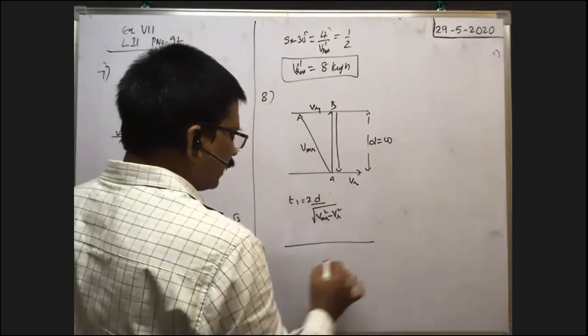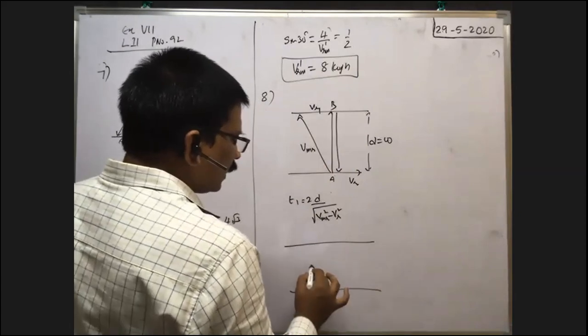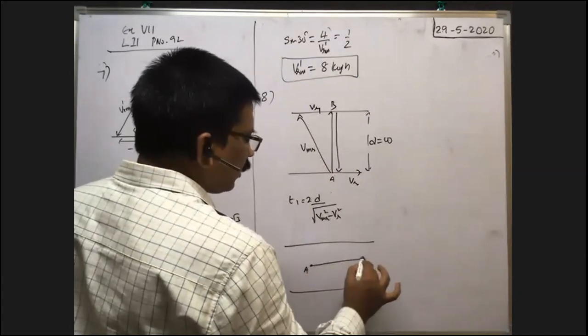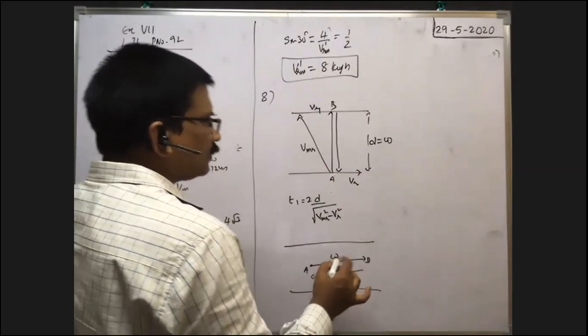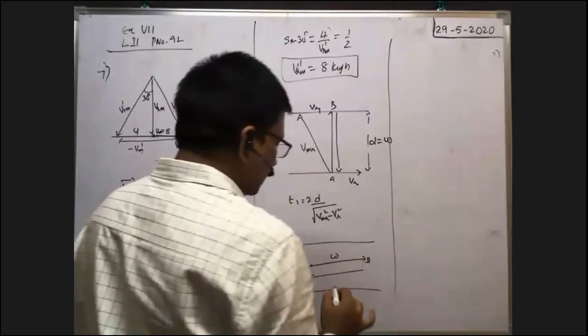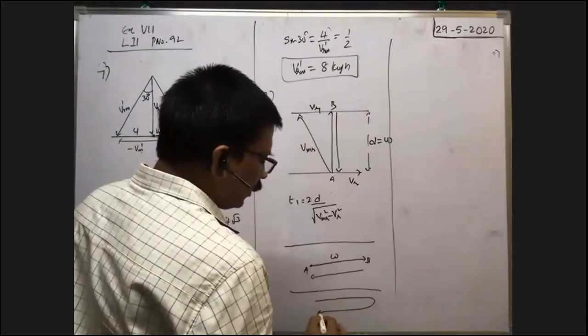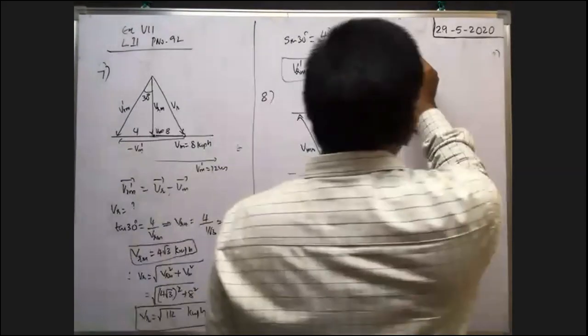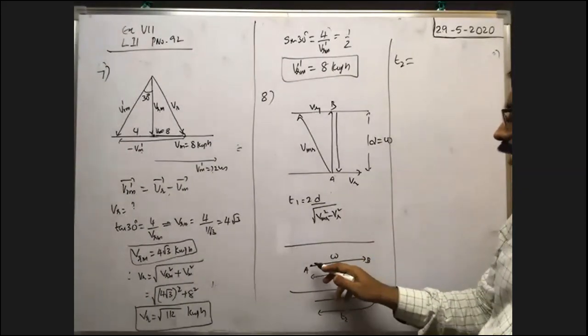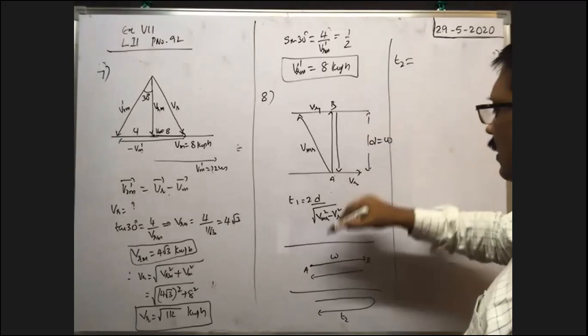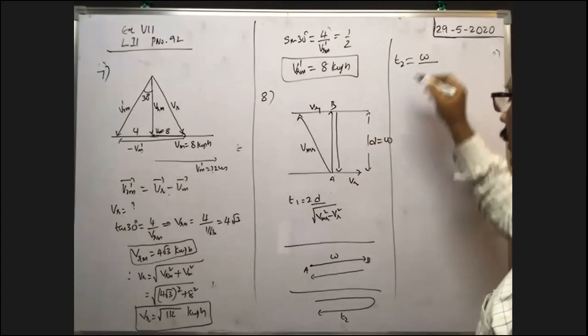In the second case, in the river flow, the man has to travel A to B downstream and then B to A upstream through the same distance omega. The total time taken is T2, given. T2 is the time taken by the man to travel from A to B downstream, equal to distance traveled omega by speed.